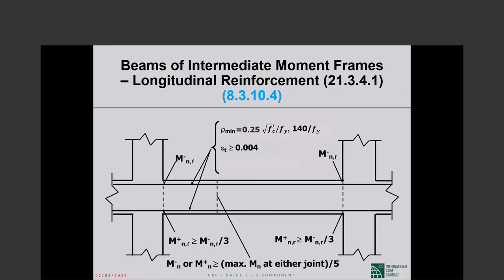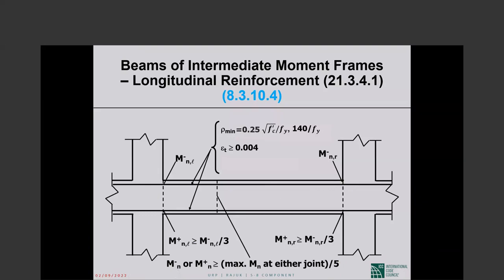Okay. Then the positive moment strength at a support section shall be no less than 1/3 of the negative moment strength. It was 1/2 in the case of special moment frames. Now it is 1/3. Okay. And nowhere along the length of the beam shall the positive or the negative moment strength be any smaller than 1/5 of the larger negative moment strength at the two support sections.